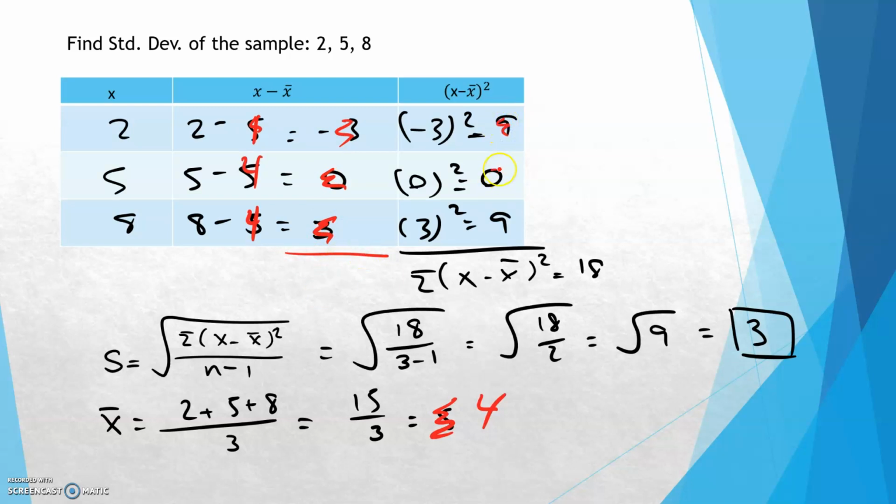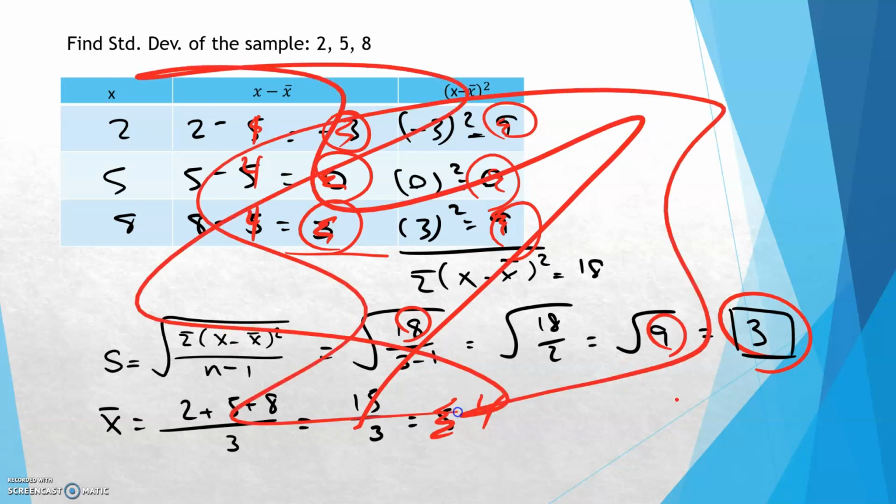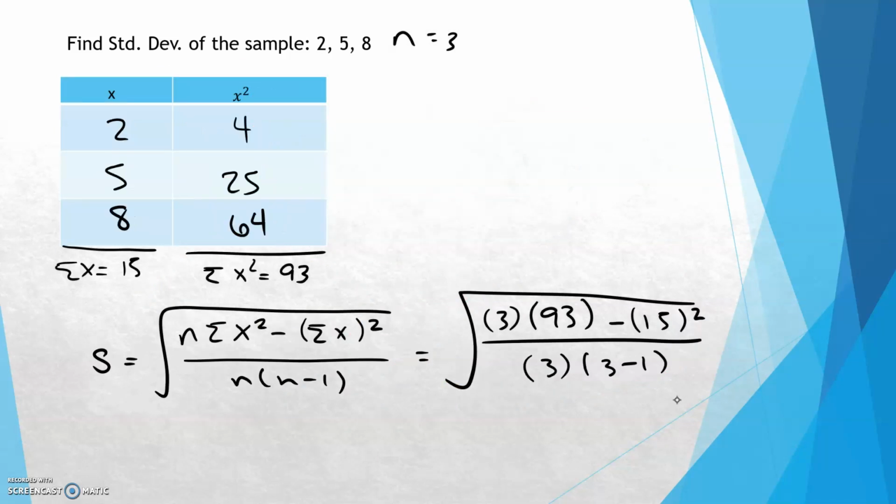That wouldn't be 9, that wouldn't be 0, that wouldn't be 9. So your mean affects this number, this number, this number, which in turn would affect this number, which will affect this number, and the whole thing just kind of blows up if you mess up the mean. Now this one, you don't have to find the mean, so you're not using the mean everywhere within the problem, so there's less chance of error here.